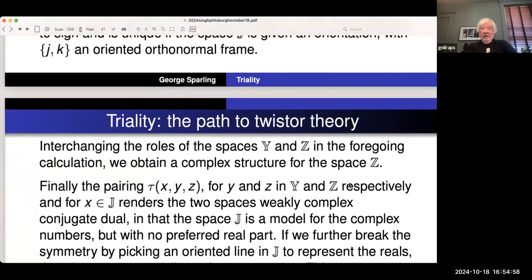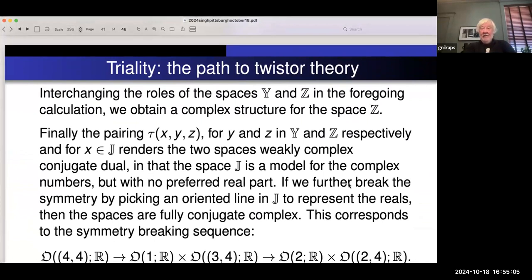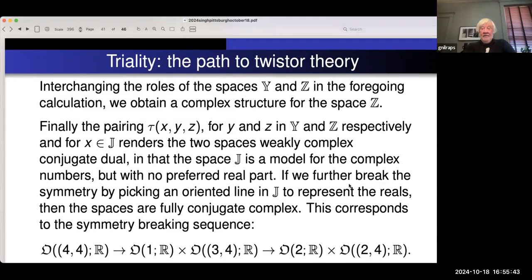Then if you understand that we don't just have Y and Z, but we also have the triality relating them, you can look at the pairing between the Y and the Z space, where using the triality, you throw in an element for the third entry of the triality, an element of the two-dimensional space J. So you think of this as giving, for Y and Z, an element of the dual space of J, but J is a two-dimensional space, so you end up with a map from the pair Y cross Z to a two-dimensional space.